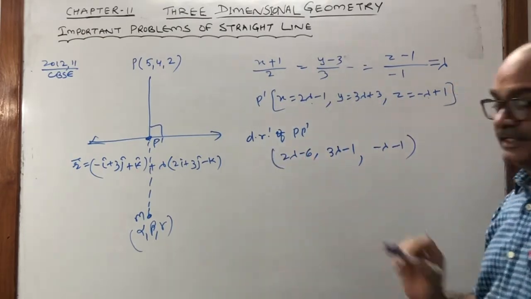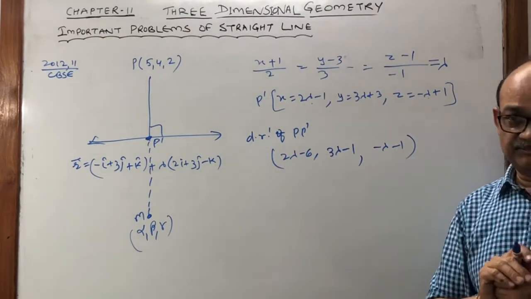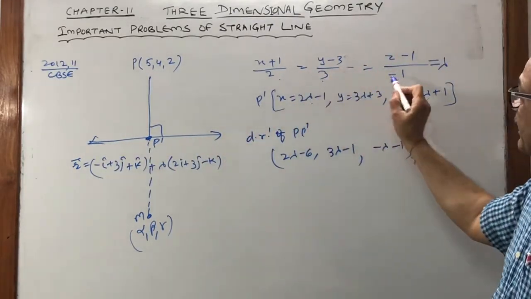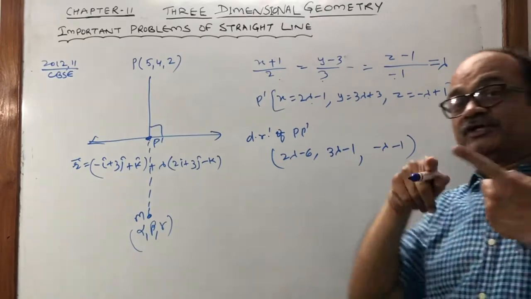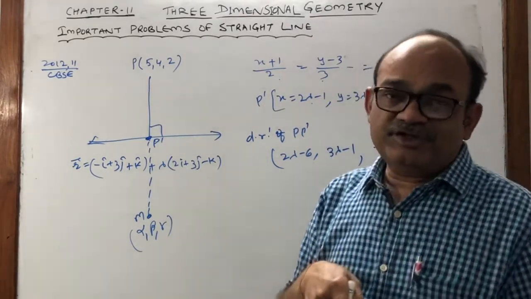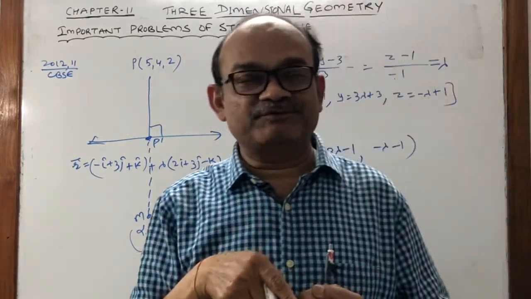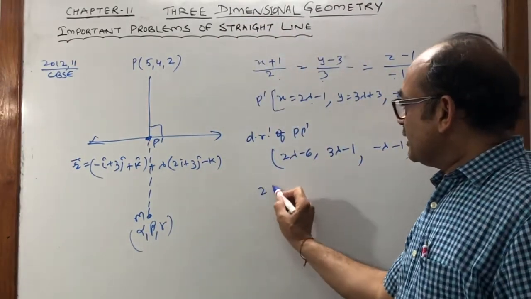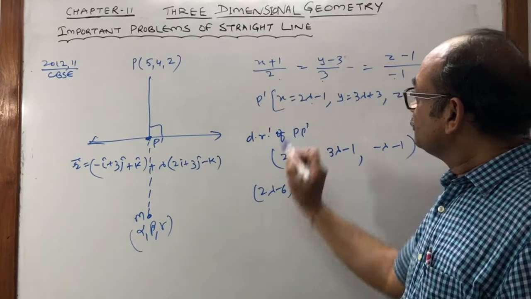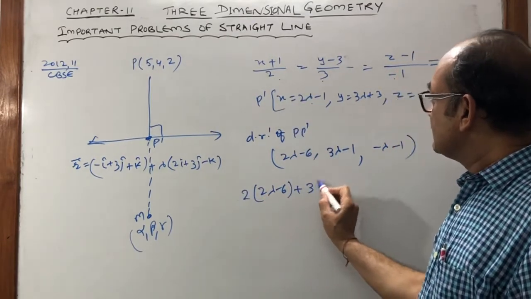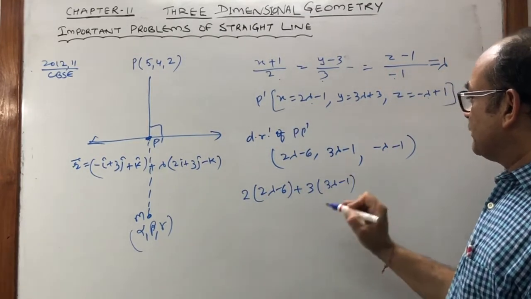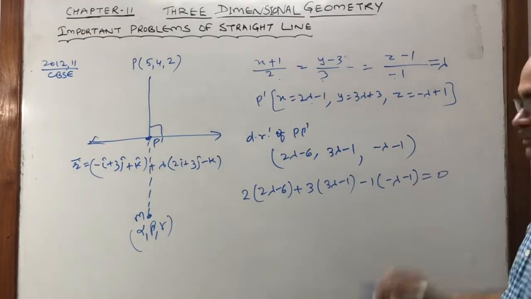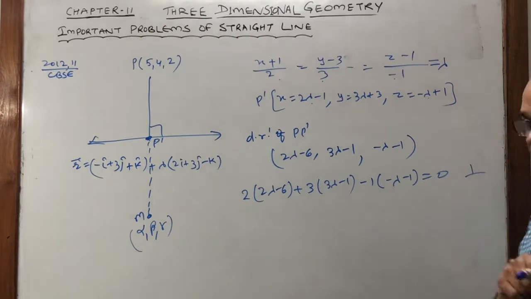These are the drs of PP dash. Drs of the given line is with us: 2, 3 and minus 1. And you know, when two lines are perpendicular, a1 a2 plus b1 b2 plus c1 c2 equals to 0. So now apply that concept here. 2 lambda minus 6 into 2 plus 3 into 3 lambda minus 1 minus 1 into minus lambda minus 1 equals to 0, since lines are perpendicular.